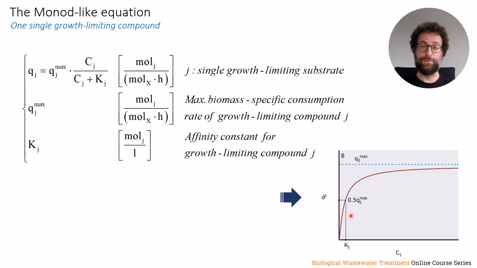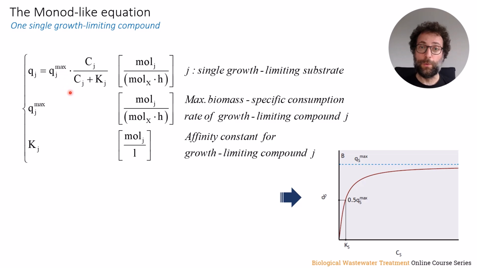The biomass-specific consumption rate of the growth limiting substrate as a function of the concentration of the growth limiting substrate has this shape here, where it tends to Qs max for concentrations that are infinite or very high, where this term tends to 1.